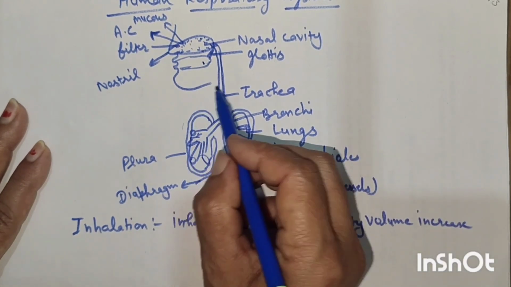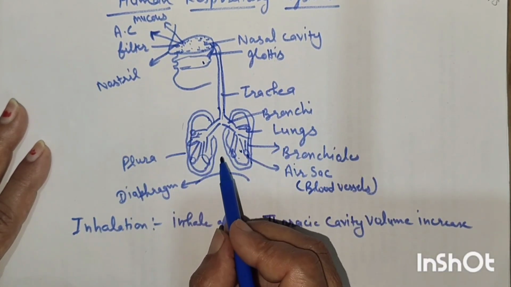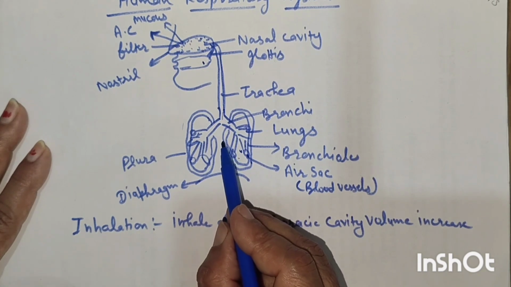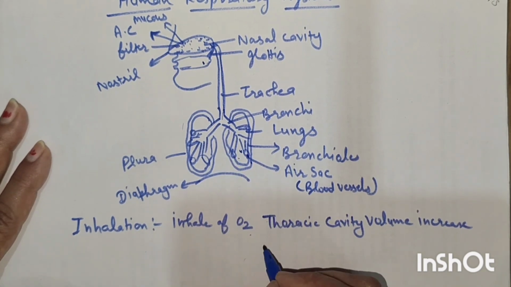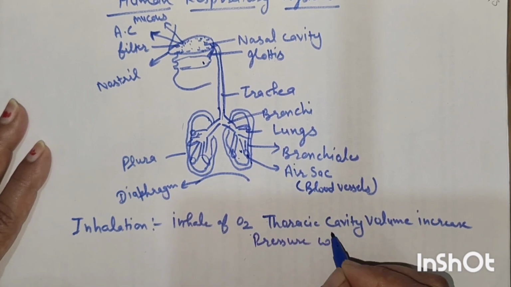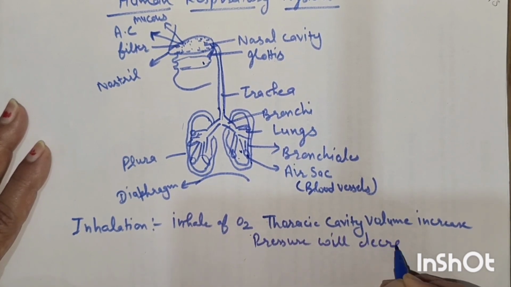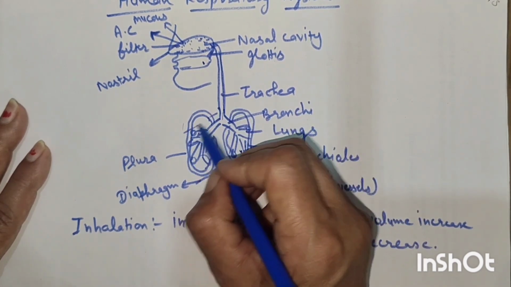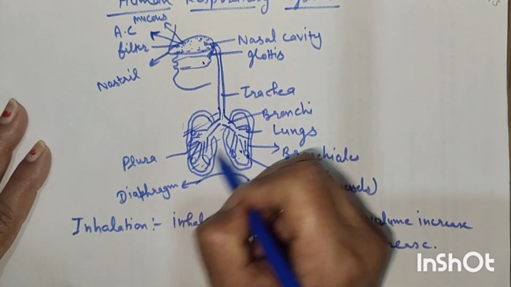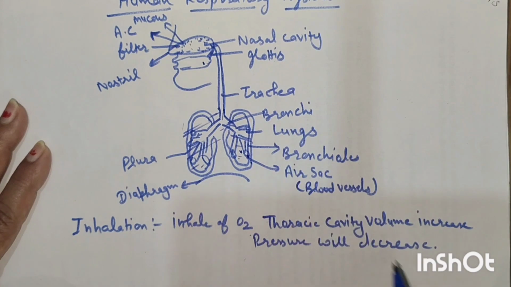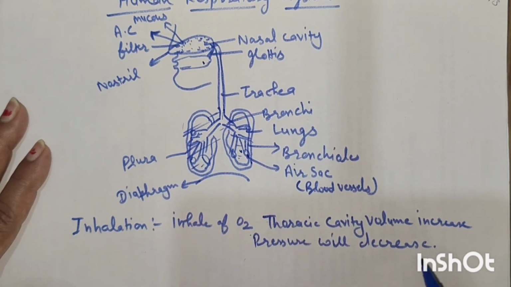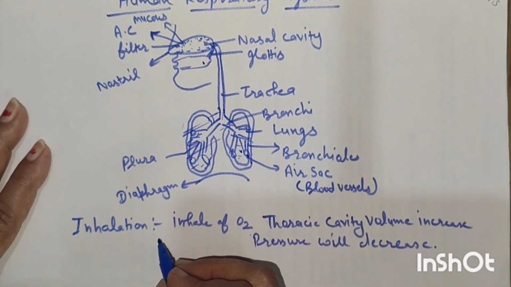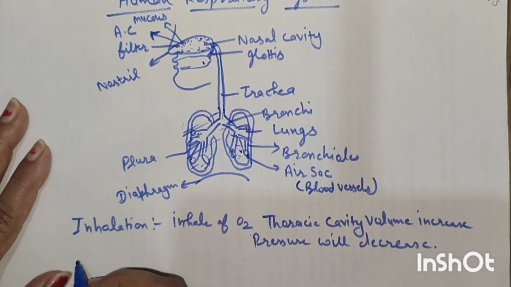When this thoracic cavity volume increases, then we inhale the maximum of oxygen and the pressure will decrease. This is controlled by the intercostal muscles. Here are ribs, and with the ribs there are some intercostal muscles, and these control the mechanism of breathing. Now the exhalation.